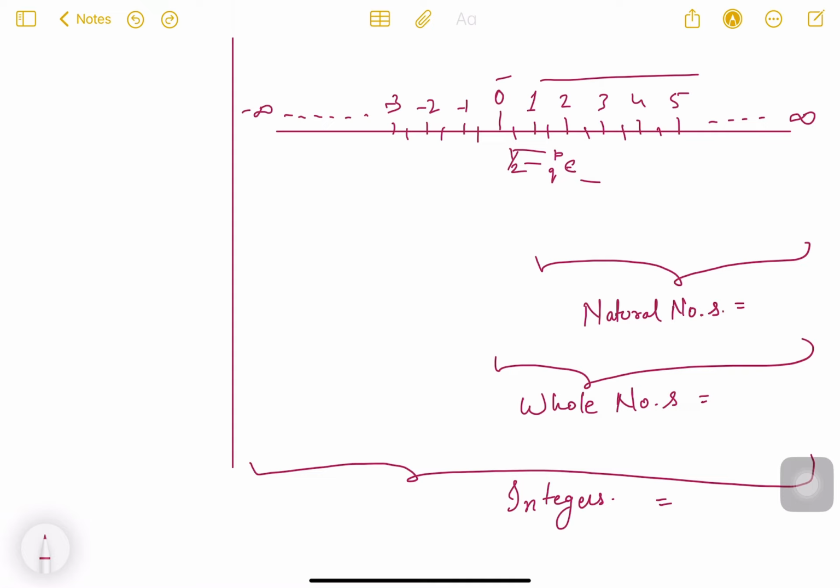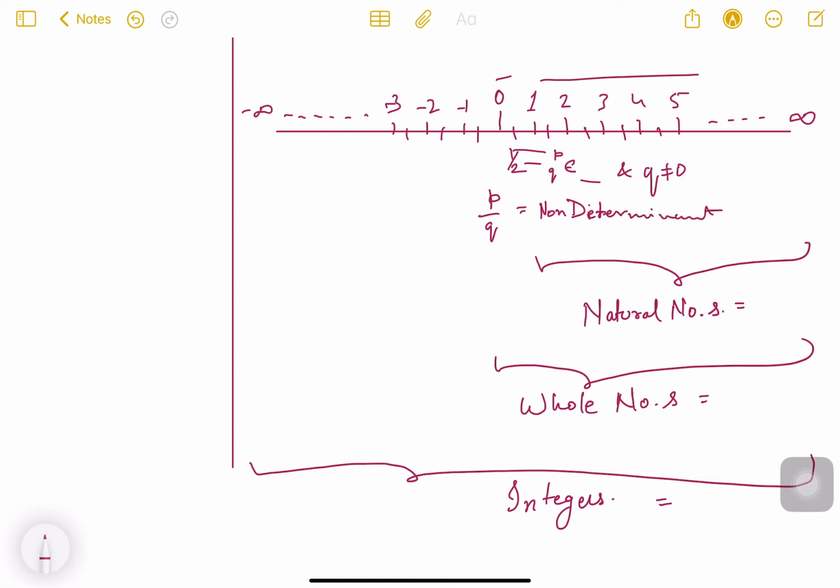Q is not equal to 0, because if Q is 0, it becomes indeterminate, and we are not talking about that right now.